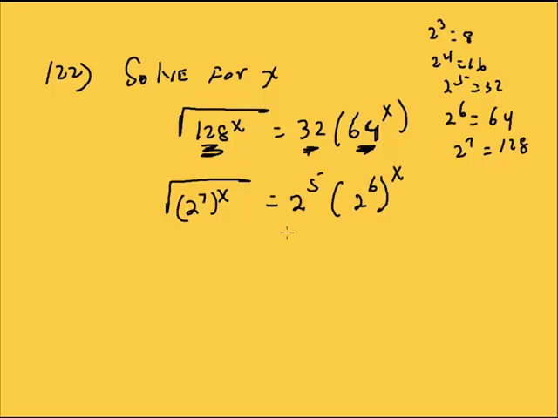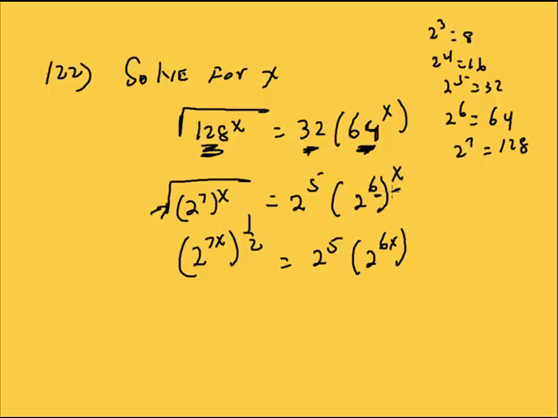That's raised to x. Let's clean this up some more. I want 2 to the 7x raised to the 1/2 power, because that's what the radical means. Then I have 2 to the fifth times 2 to the 6x.